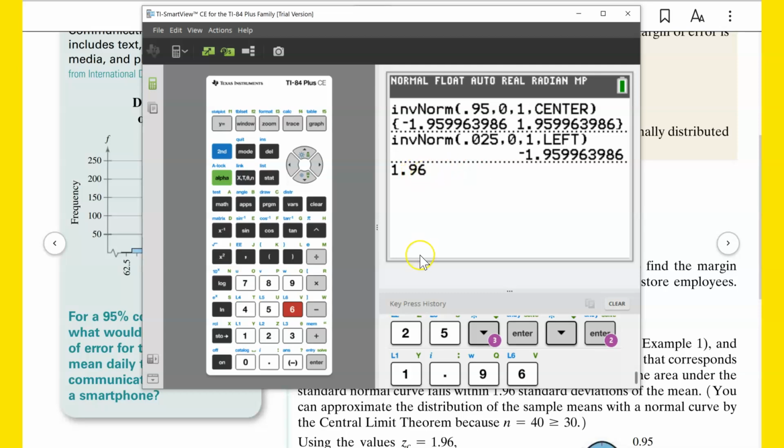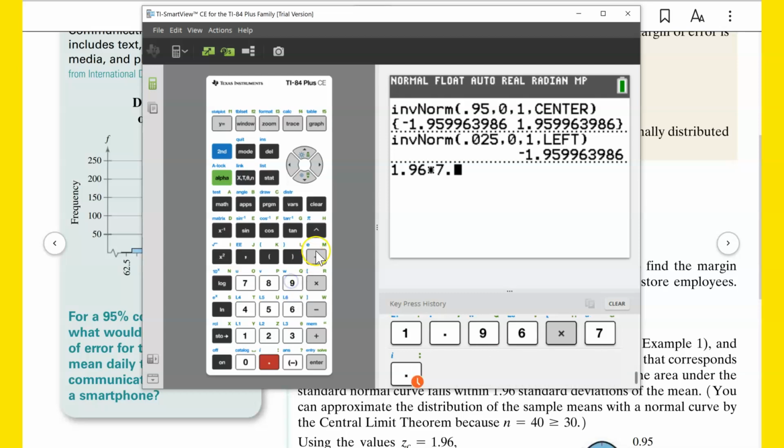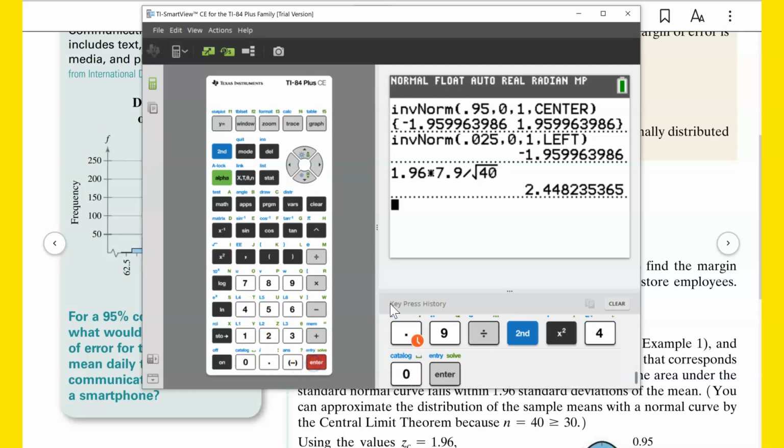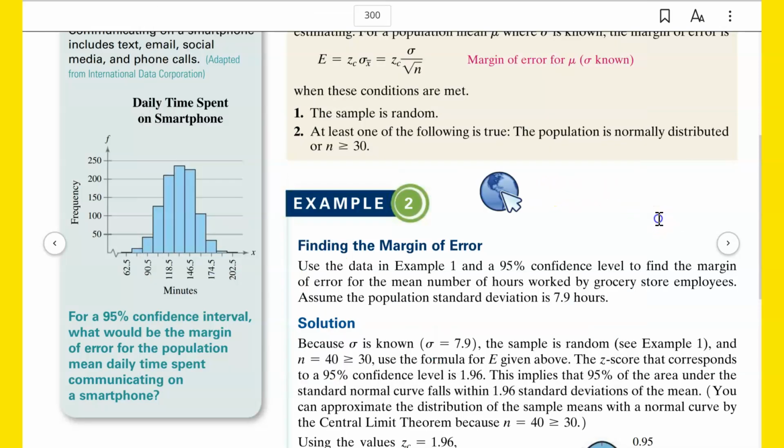So 1.96, that's the z sub c, times the sigma, which it told me was 7.9, and then divided by the square root of 40. And so my margin of error is 2.448 or 2.45.